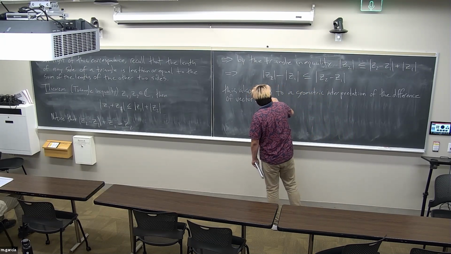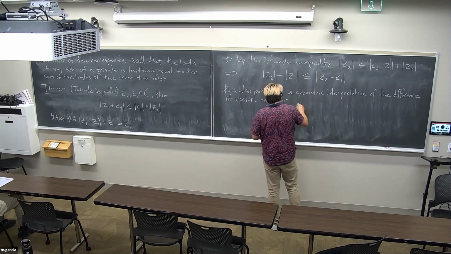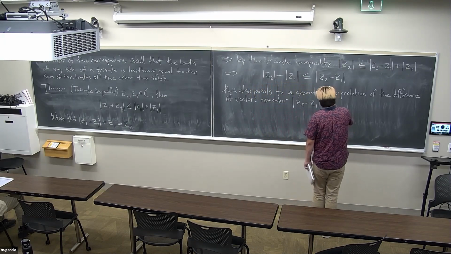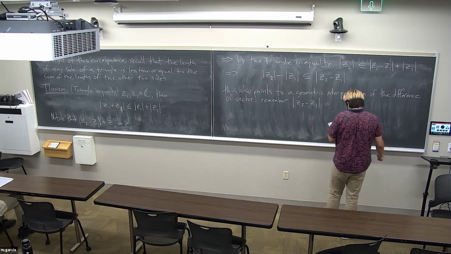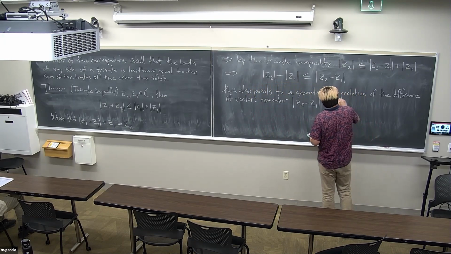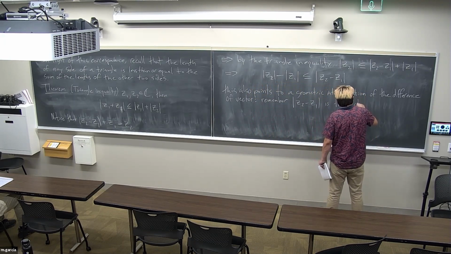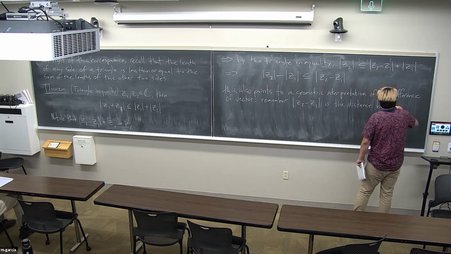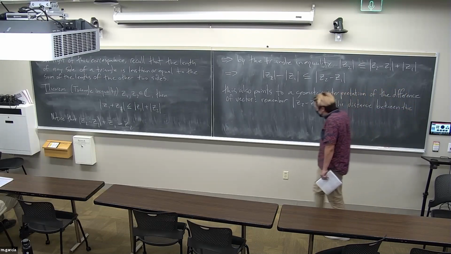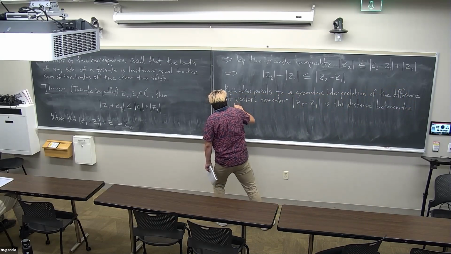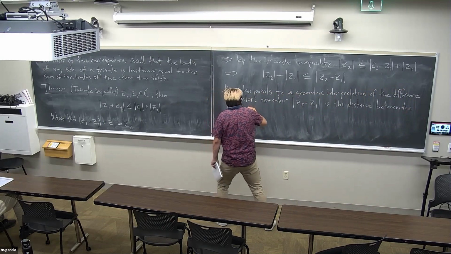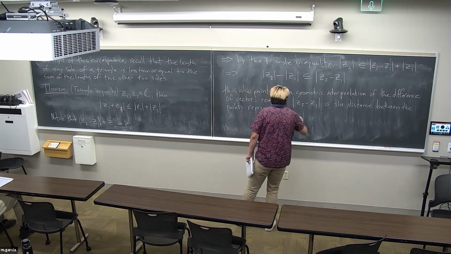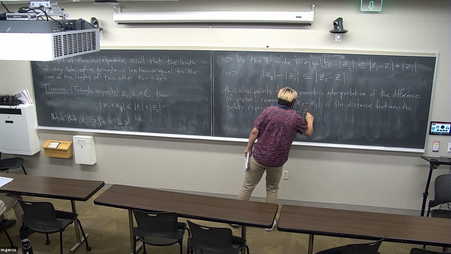Remember again, the modulus of z2 minus z1 is the distance between the points representing z1 and z2.